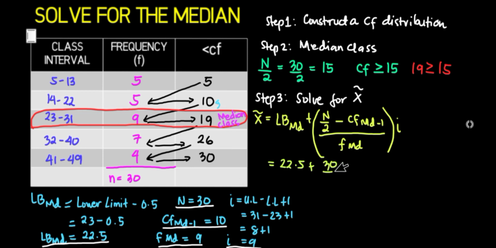And then, plus, ang n po ay 30. 30 over 2 minus cumulative frequency before the median class is 10 over frequency ng median class is 9 times daw po sa class width or class size which is 9.